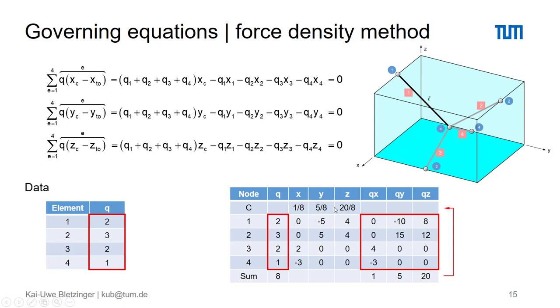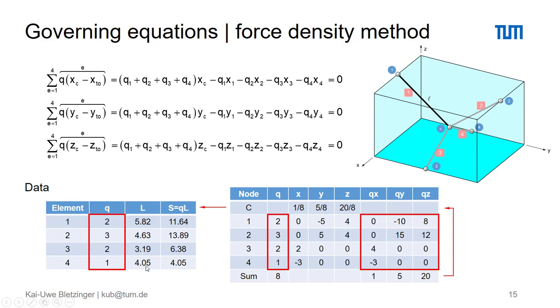Then we transfer these intermediate results with respect to the geometry back to the elements, and we can now determine the lengths simply by Pythagoras between the coordinates of the two nodes and the coordinates of the center node.